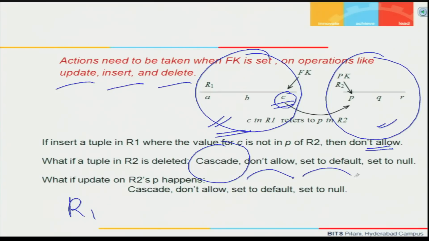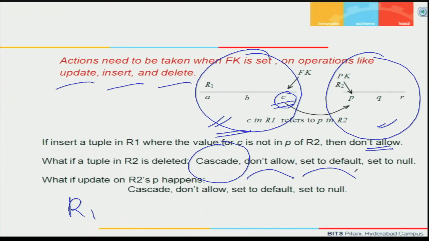Otherwise, you set it to some default value. That means when you delete some tuple in R2, and it is being referenced by some tuple in R1, then for the dependent tuple in R1, you can set the foreign key column to some default value.